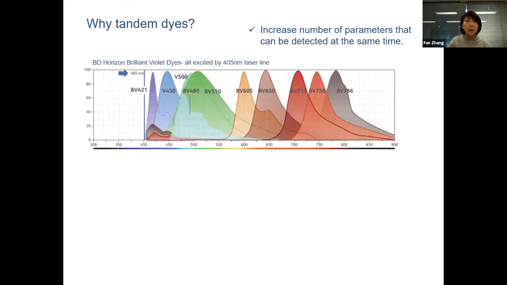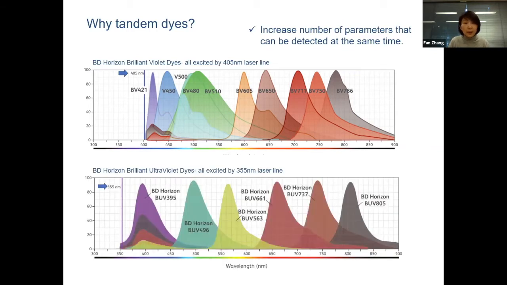Tandem dyes make it possible to expand our panel design. For example, the range of BD Brilliant Violet dyes emits light at different wavelengths, as shown here in different colors. They can all be excited by the single violet laser line. Similarly, the BD ultraviolet UV dyes can also be excited by a single UV laser line.